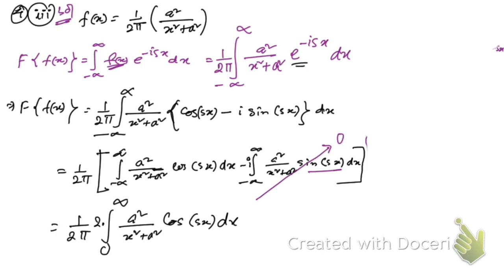In case of an odd function, integration from minus a to a of f of x dx is equal to 0, right? So we can write this is 0, since sin s x is an odd function, right?